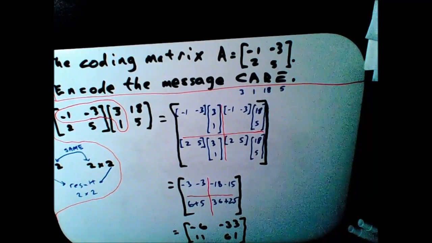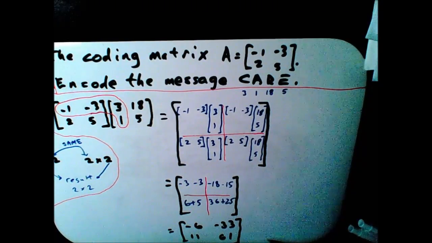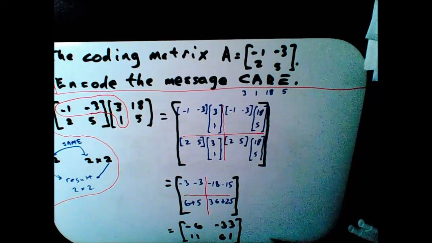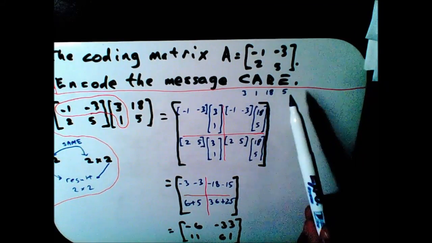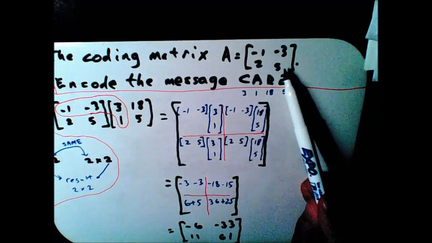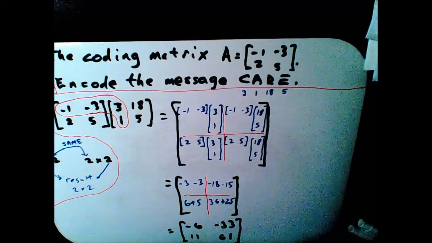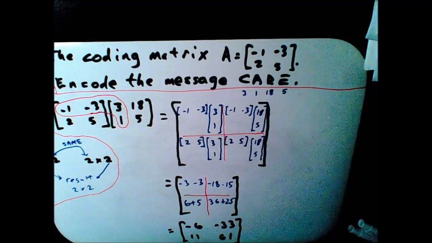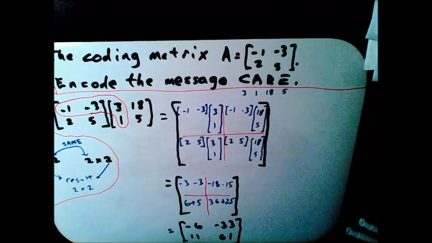And so this encoded matrix here at the bottom will be sent, and with the key, the coding matrix, the people on the other end will be able to do themselves a matrix multiplication in order to get that message to CARE.